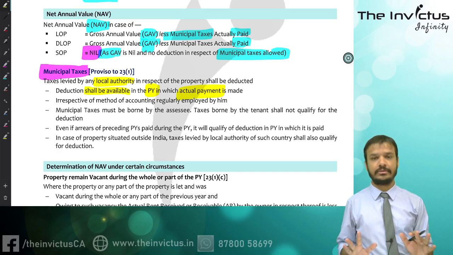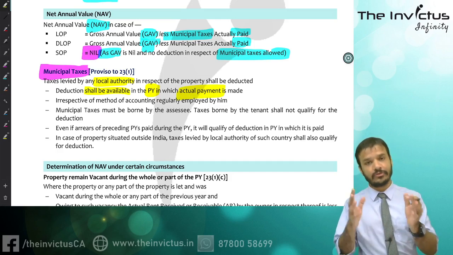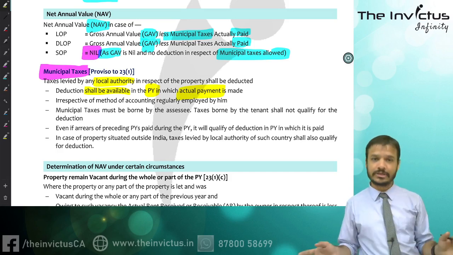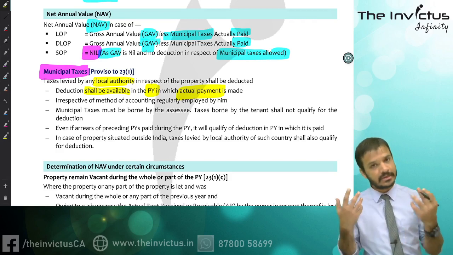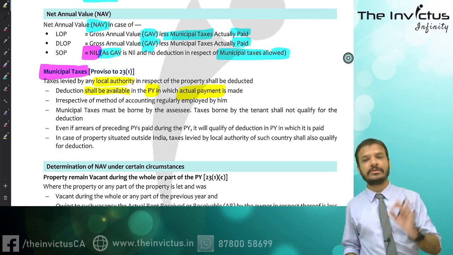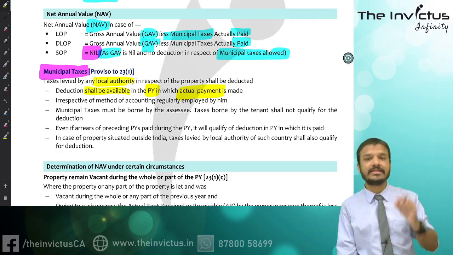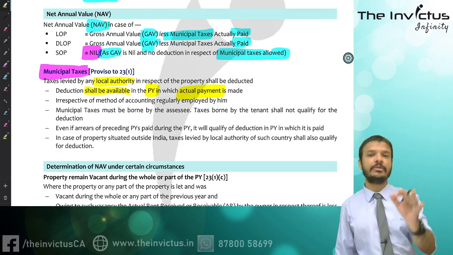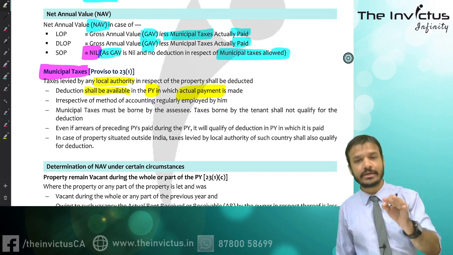In accounts, if you are following accrual method, then it is fine. If you are following cash method, then it is fine. But in case of income tax, if municipal tax is actually paid during the previous year, then and then it will be allowed as deduction.